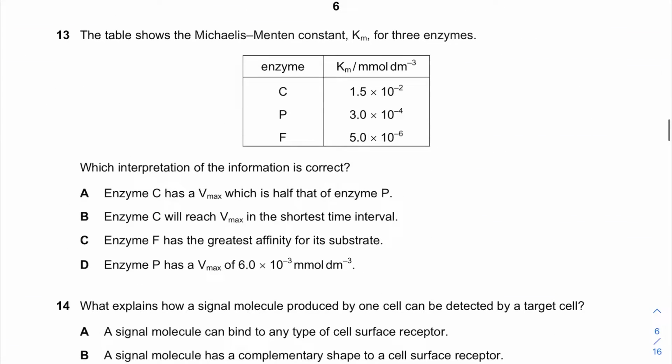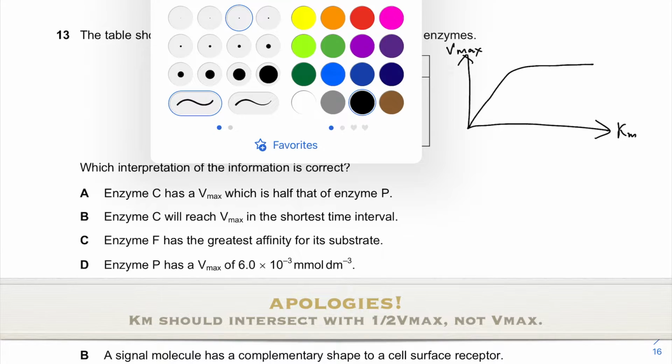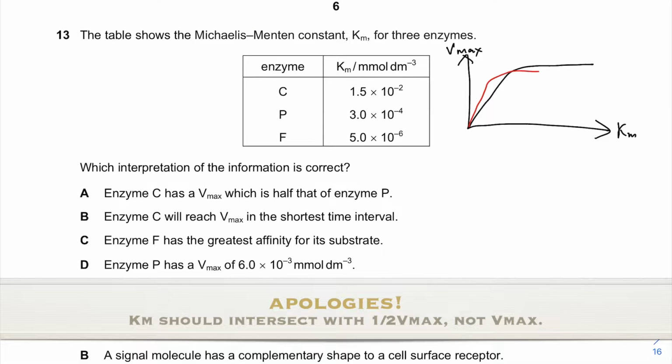Question number 13. The table shows the Michaelis-Menten constant for 3 enzymes. Which interpretation of the information is correct? In a graph like this, if the enzyme has a smaller Km value, the enzyme efficacy or affinity is higher because it can achieve the maximum velocity in a shorter amount of time.